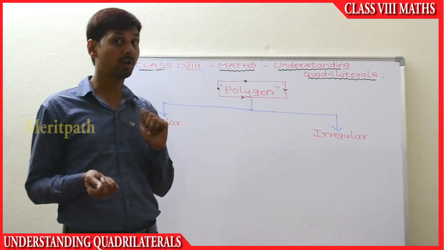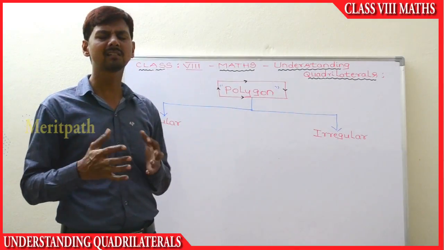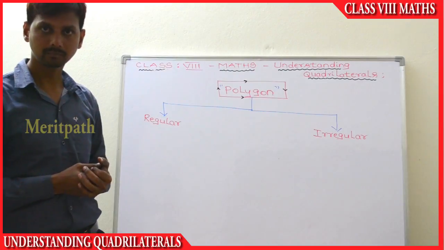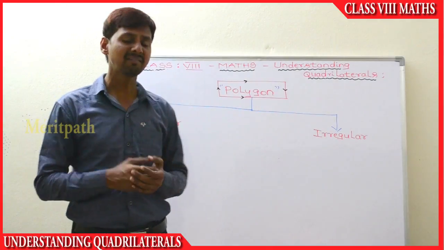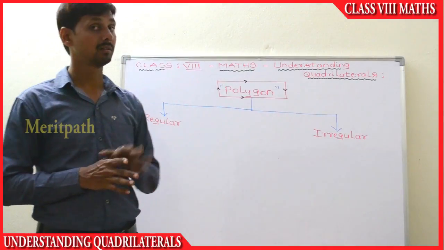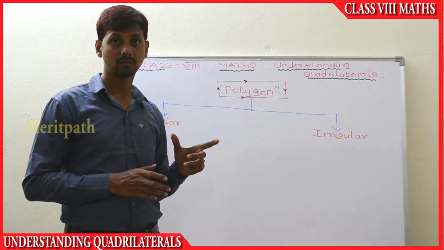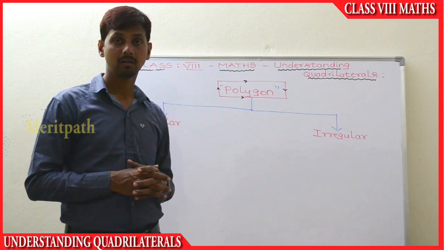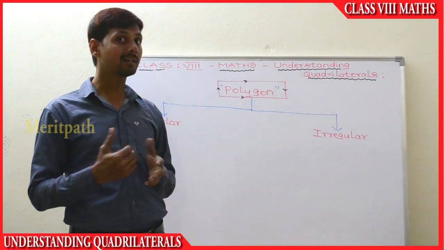So convex and concave we have discussed. Let's discuss regular and irregular polygons. We have seen some diagrams, the pictures of a square and a rhombus, and all the sides are equal.